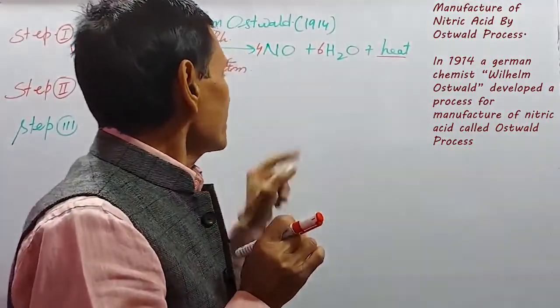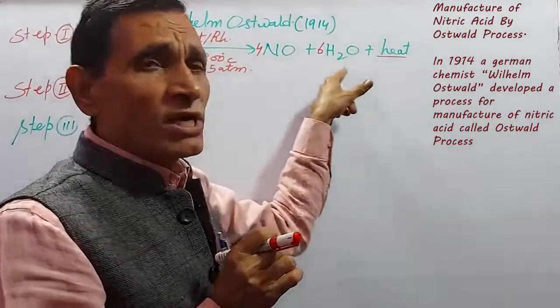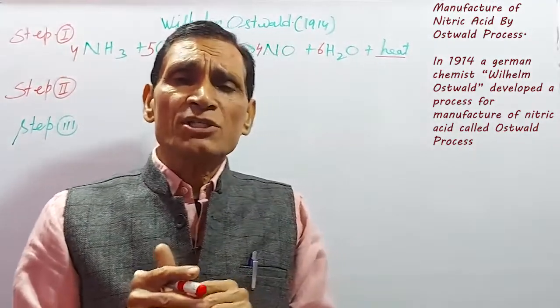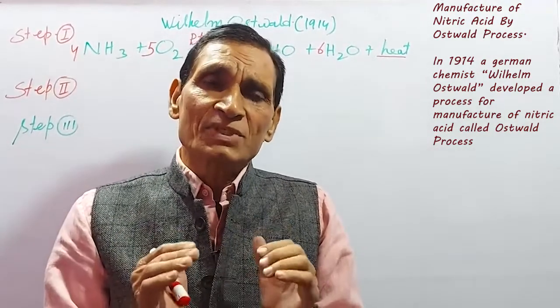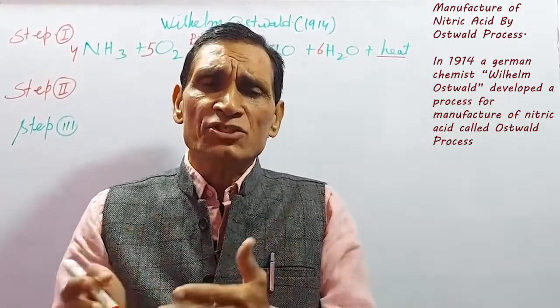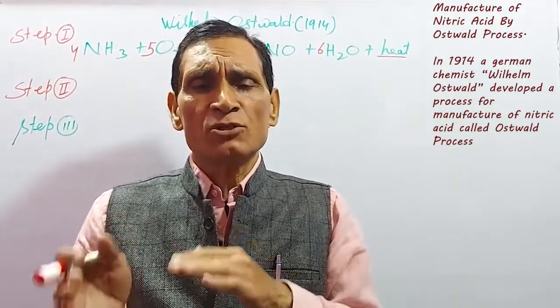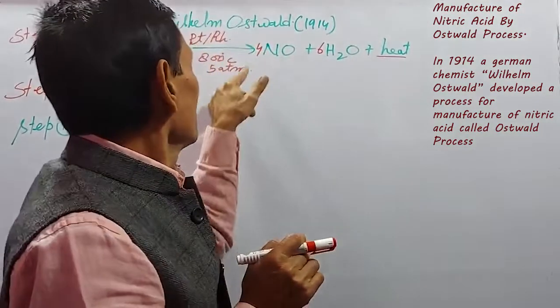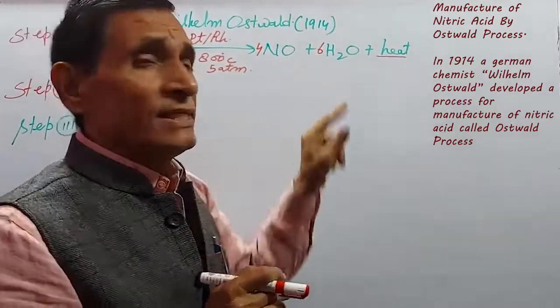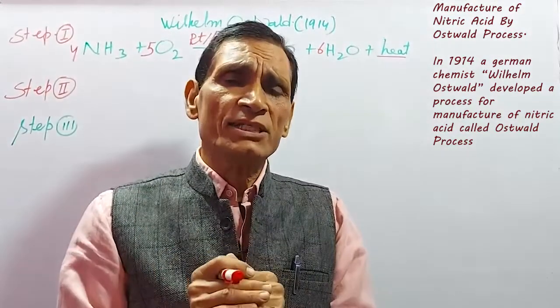What is done in this? Nitric oxide and water vapor are passed into the oxidation chamber. But before that, the mixture is passed into a heat exchanger where its temperature is lowered and brought below 100 degrees centigrade.